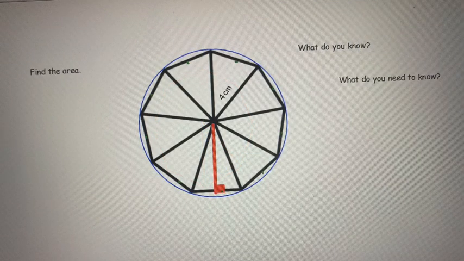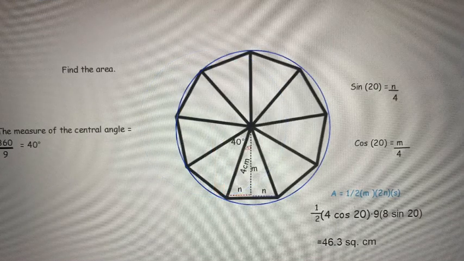All right, so now I have here a 9-sided figure with a radius of 4, and I also can find out the central angle, which is 40 degrees. Now, when I drop the apothem, I'm going to find out that each angle then is 20 degrees. I'm going to have to use sine and cosine in order to find out the missing measures.